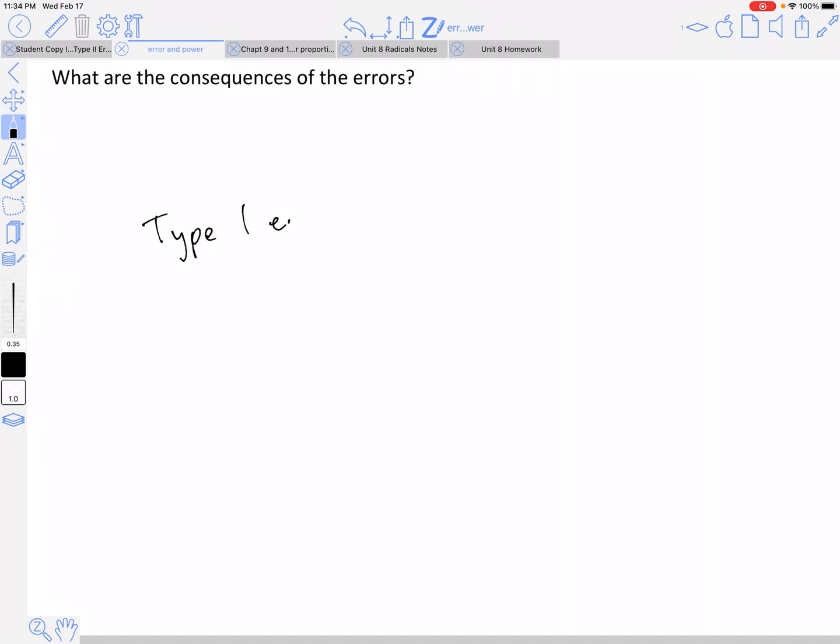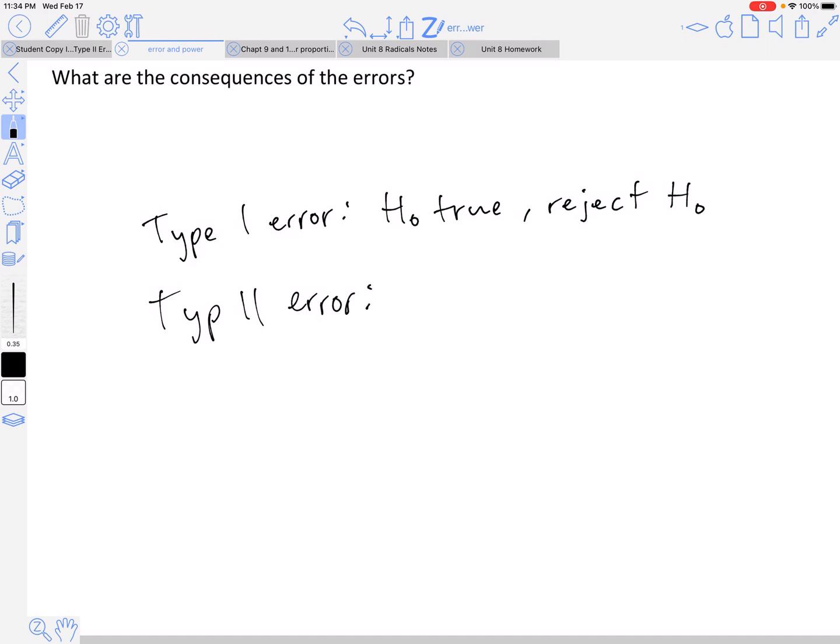A type 1 error is when the null is true, but we reject it. It's true, but we reject it. Type 2 error is when the alternative was true, and we failed to reject the null. So the alternative was true, but we went with the null, right?